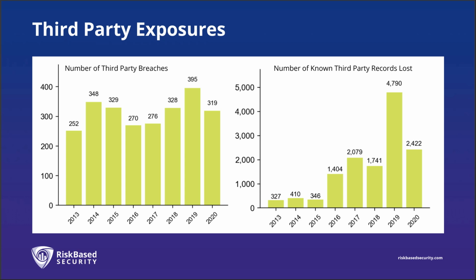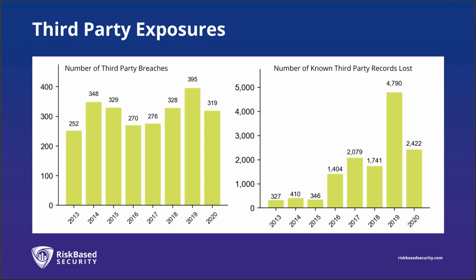We do also look at the number of records exposed at these particular events. Because we are looking at a relatively small data set, we are talking about 319, 395 breaches over the last couple of years, and we do see larger swings in the number of records exposed. In 2019, we were looking at 4.7 billion records exposed at these third-party breaches.